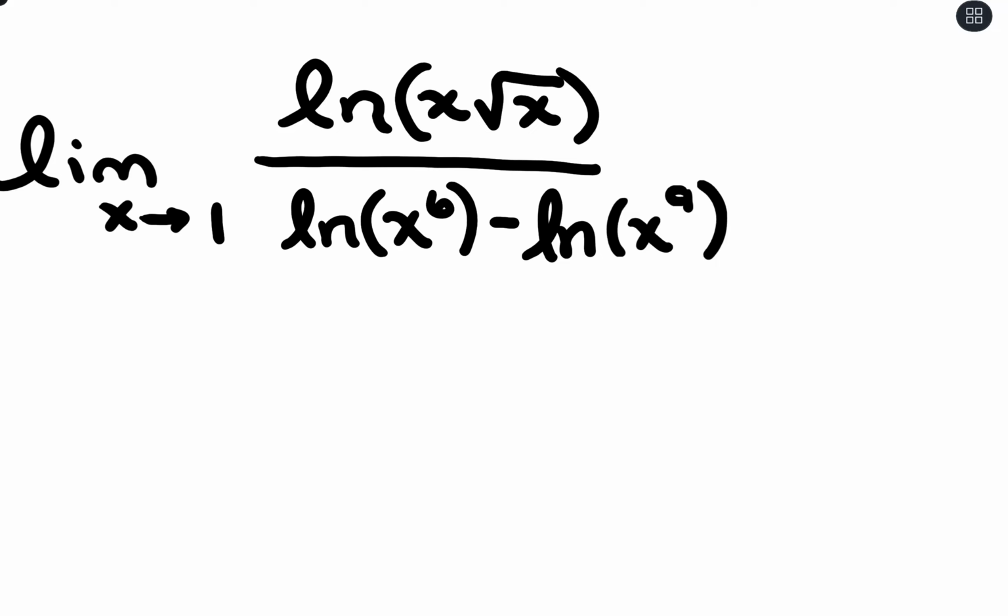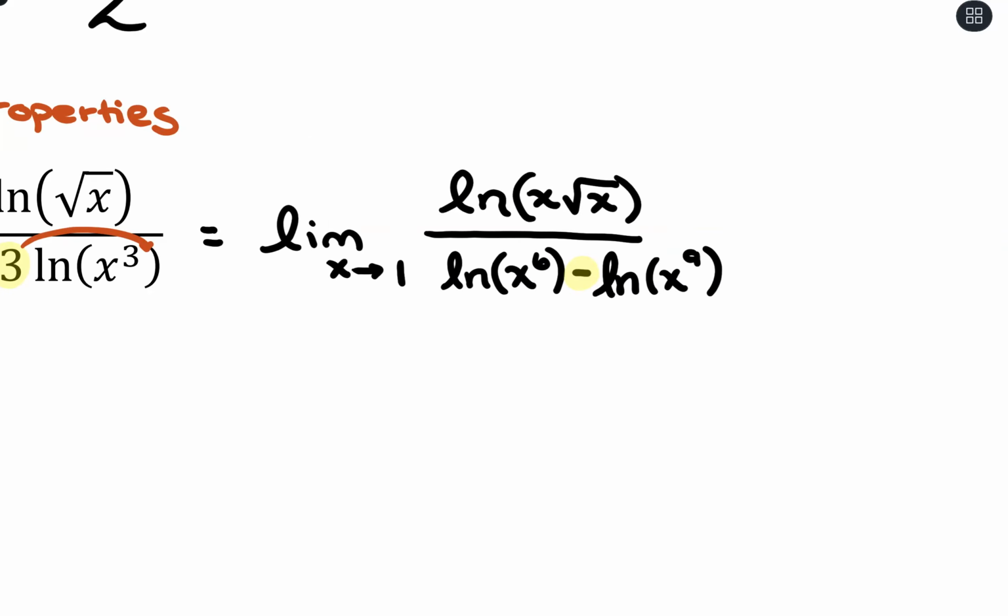Just for the sake of using up our logarithm properties, the next one I want to use is in the denominator. When we have subtraction, we can change that to division of the inside values. So we're taking the limit as x approaches 1.